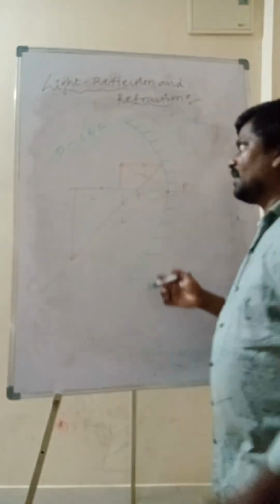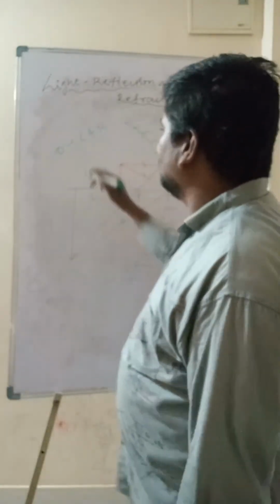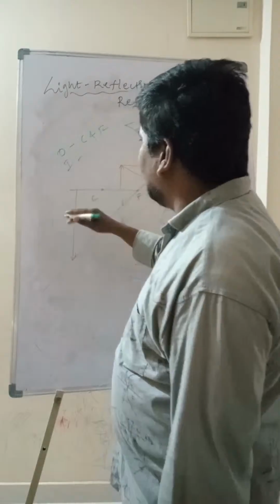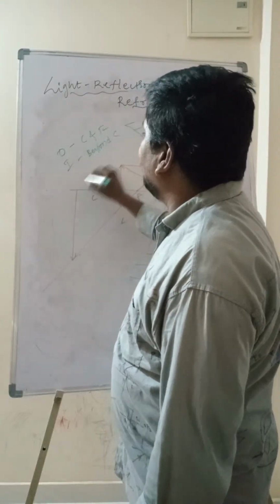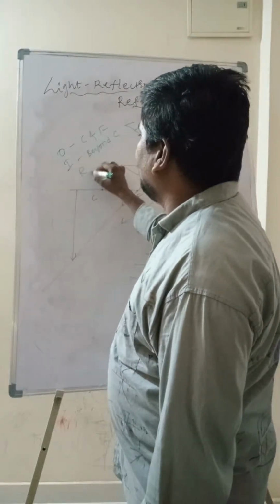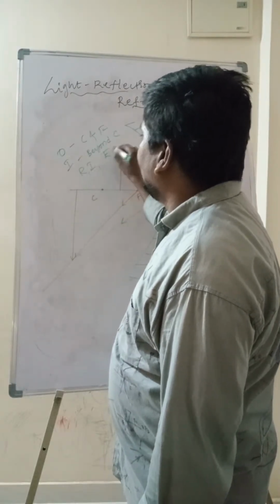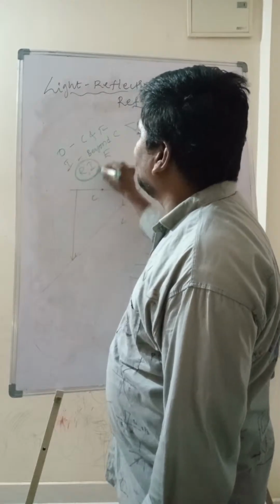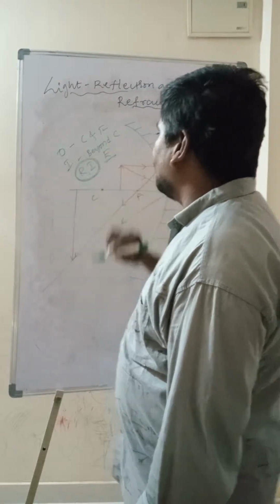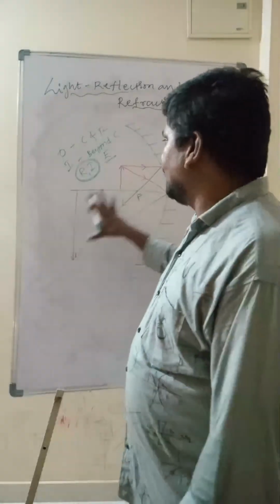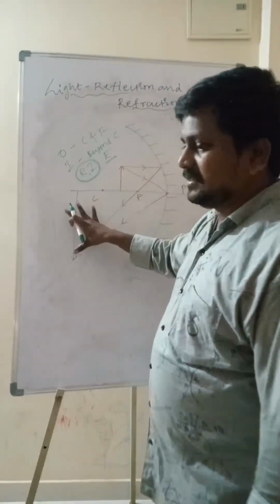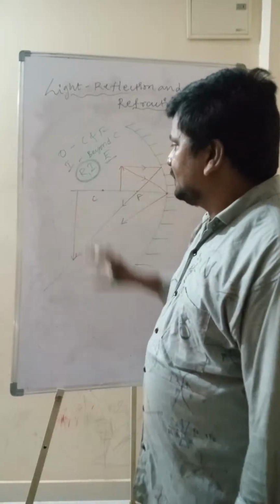It's fine. Okay. Object between C and F, the image will form beyond center of curvature, beyond C. The nature of the image is real, inverted, and the size is enlarged. Compared to the object, the image size is increased.